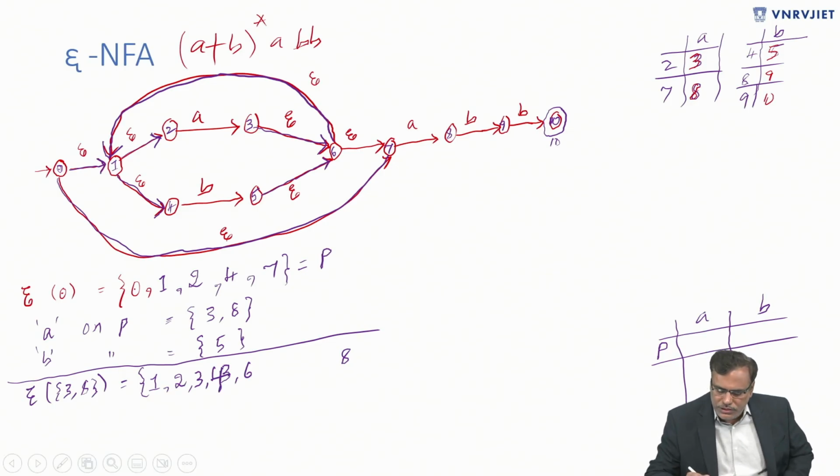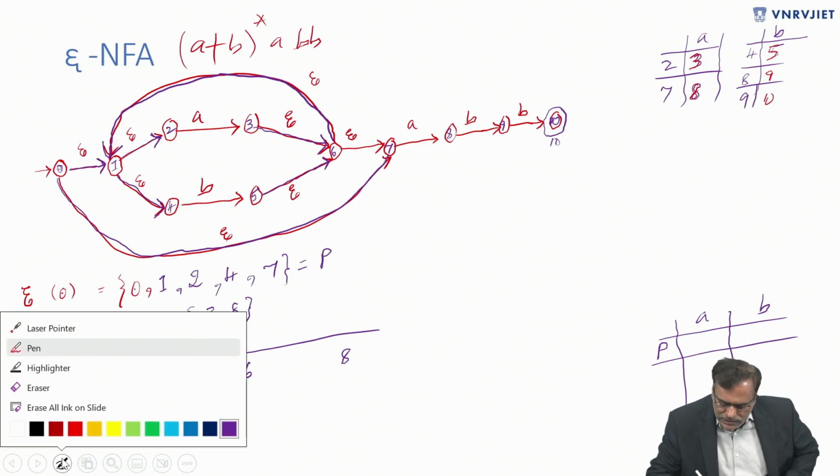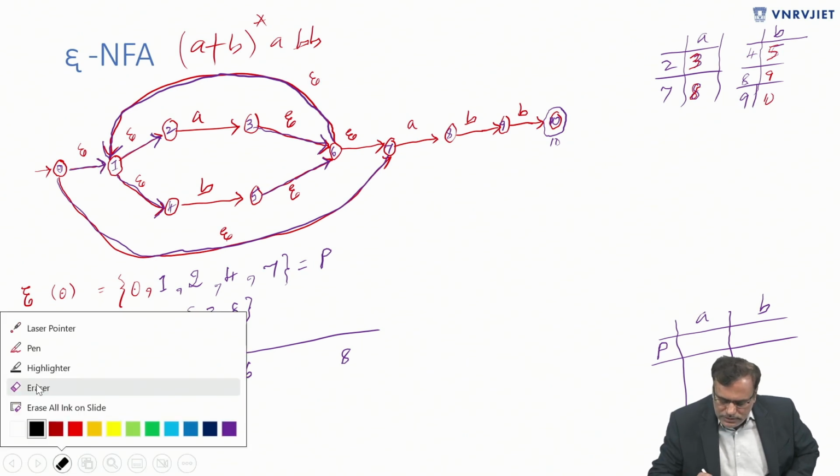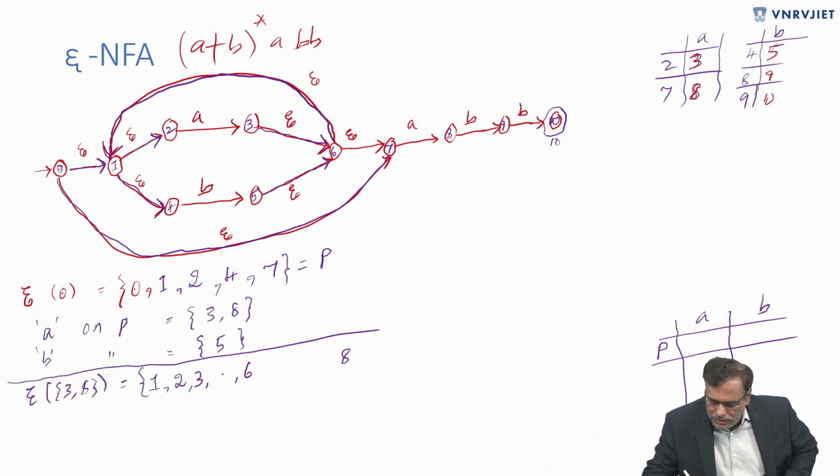I think there is no confusion. Otherwise, no need. Let me erase and make it very clear. So 3, that is 4. Let me write this 8 near to this, and erase that part.